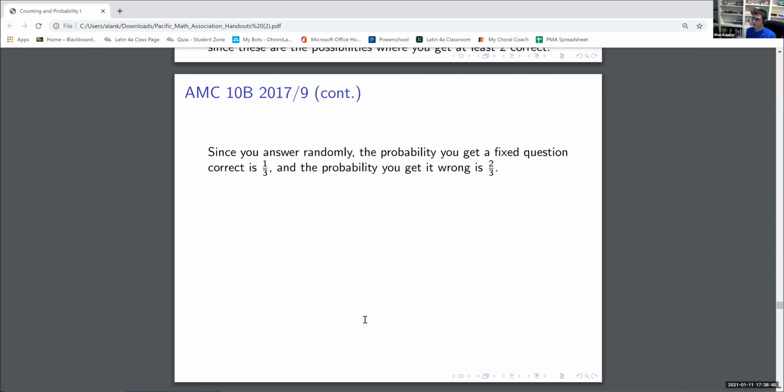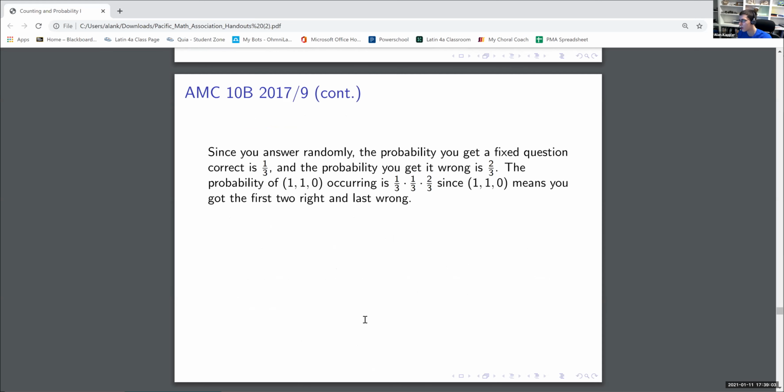So the probability we get a question correct is 1/3, and the probability that you get it wrong is 2/3. So if you answer questions 1 and 2 correctly and question 3 incorrectly, the probability there is going to be 1/3 times 1/3 times 2/3.